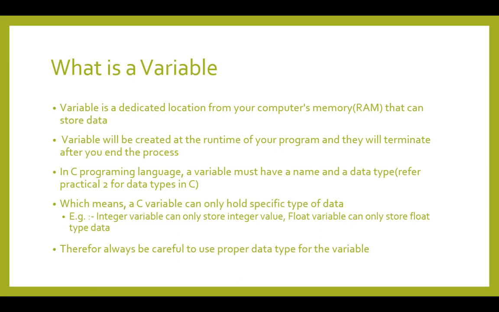So 3 is a fixed value, 5 is a fixed value. So from that calculation, 3 plus 5, we always got the 8 as the answer. Right? Now that is the very basic application of C calculations.